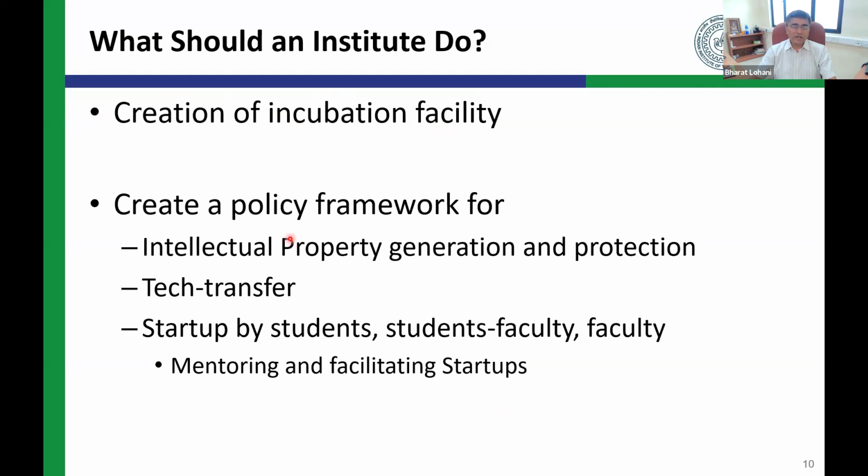And more important is a very positive policy framework. For the intellectual property being generated, we should have a policy framework on how to protect it, how to do the tech transfer, and more facilities for startups by the students, or student and faculty combined, or only the faculty.